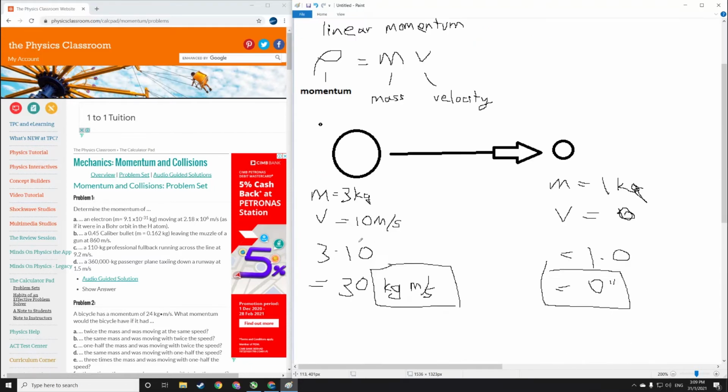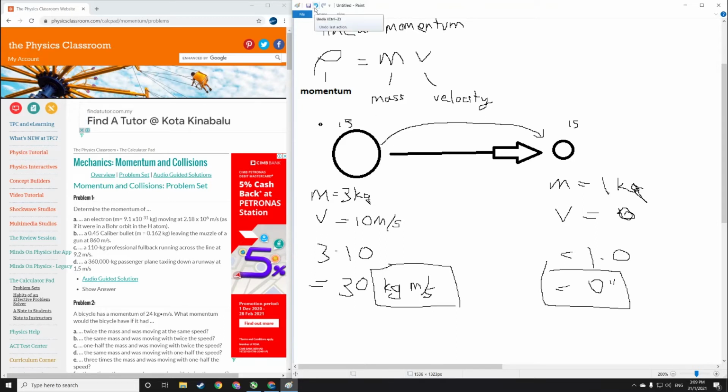What that means is, when this ball collides with the small ball, all of the momentum is conserved. It can go either of 2 ways. One, all the momentum will be transferred to here, so the momentum of this one will become 30, and this will become 0. Or it'll split, so it'll become, let's say, 15 here, and 15 here. Or it could be anywhere in the middle.